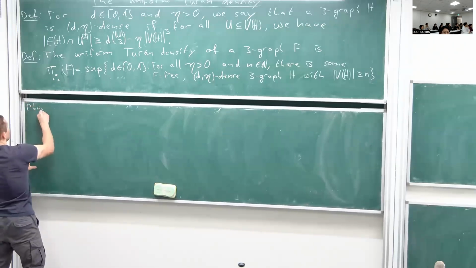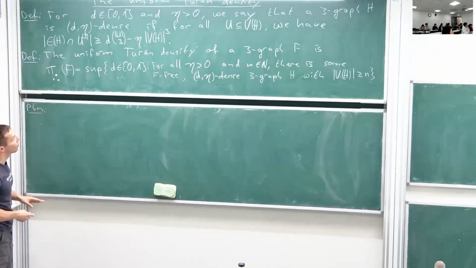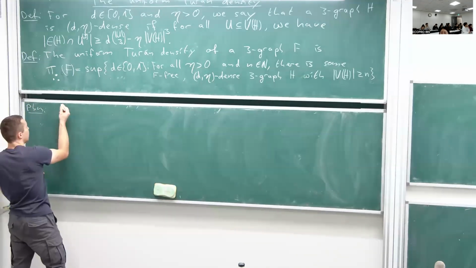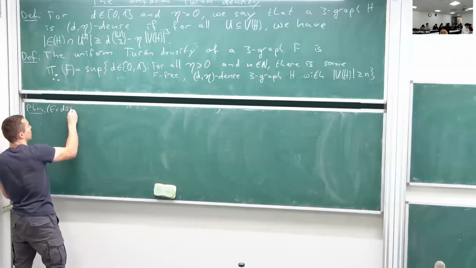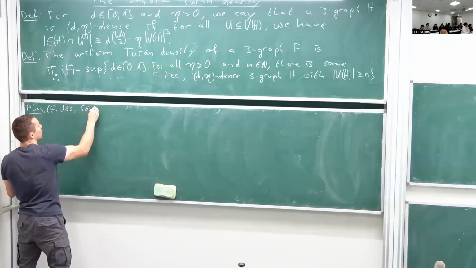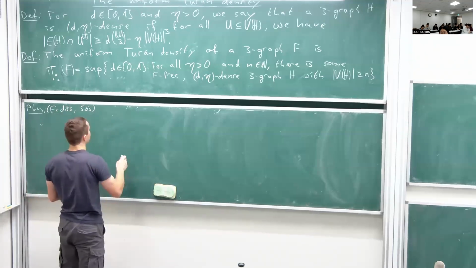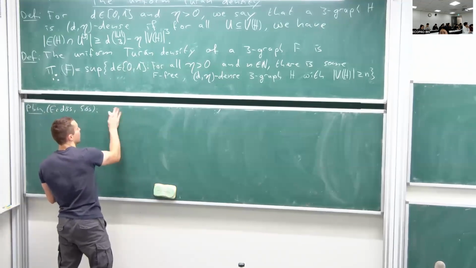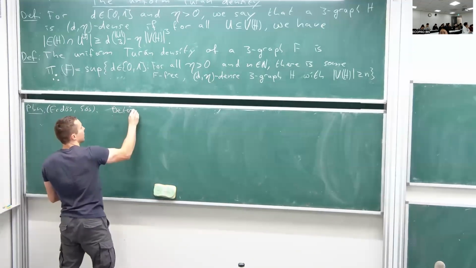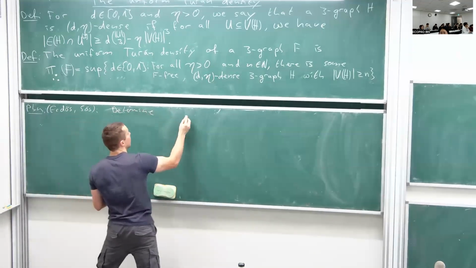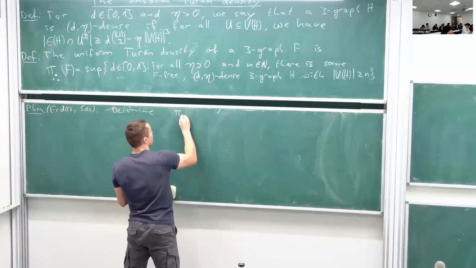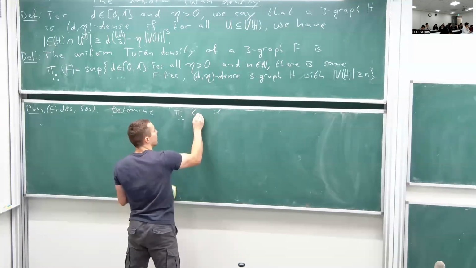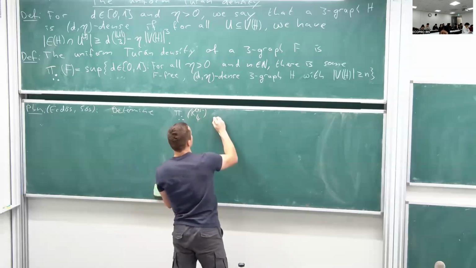These problems, or this notion, was introduced by Erdős and Sós. And they asked to determine the uniform Turán density of K4 minus.